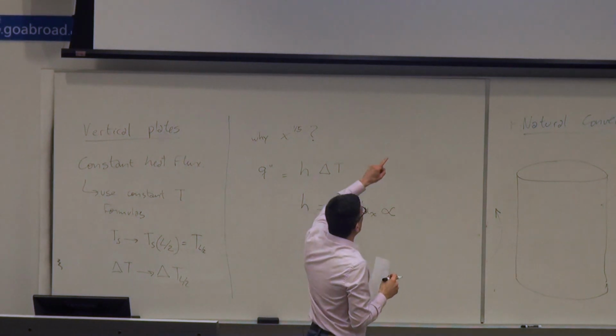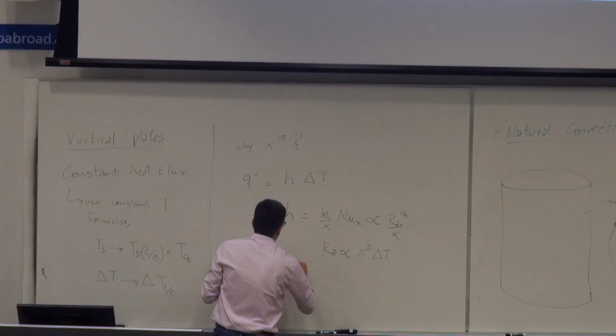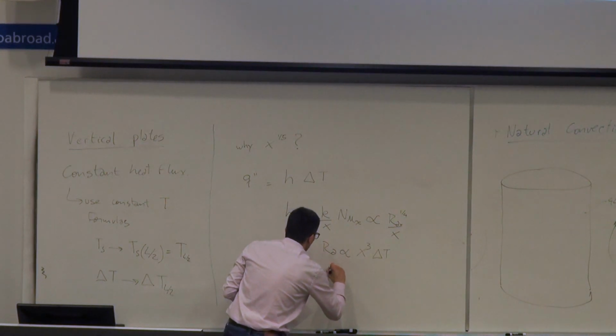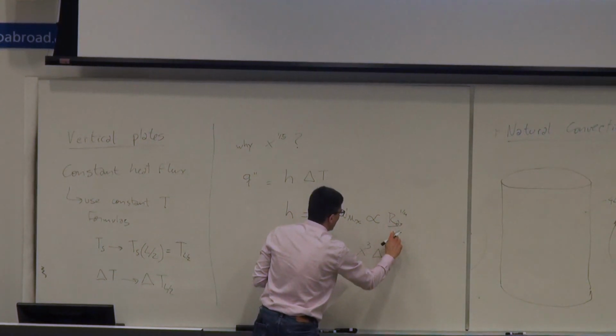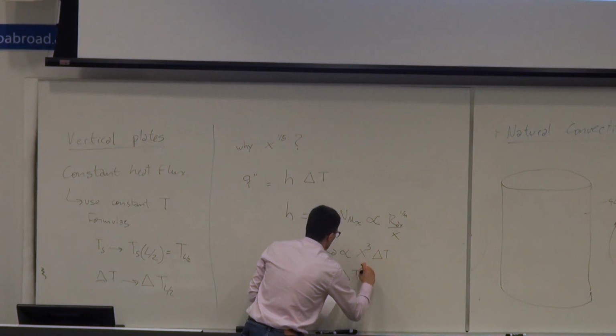Look, Rayleigh, if it is laminar, is proportional to Rayleigh to what power? This is proportional to Rayleigh to the 1/4 over x. And if you remember, Rayleigh is proportional to x cubed delta T. So we have here then h proportional to x to the minus 1/4, since 3/4 minus 1 gives minus 1/4, and delta T to the 1/4.